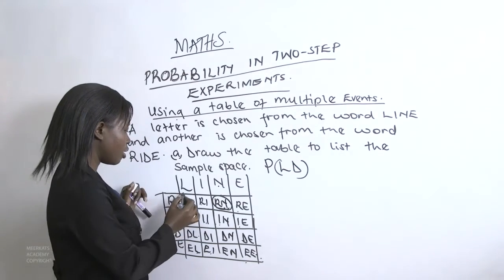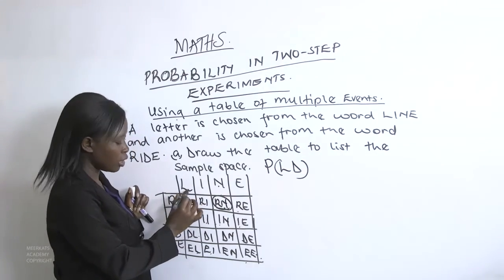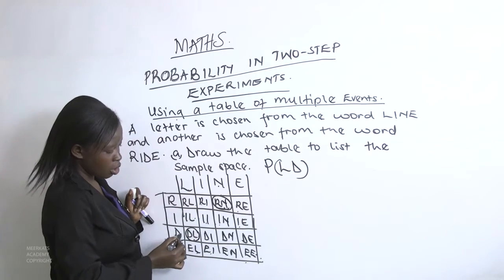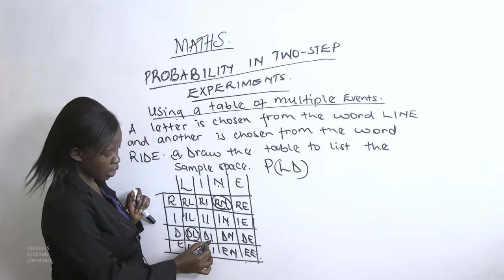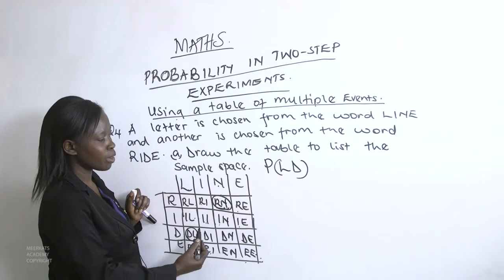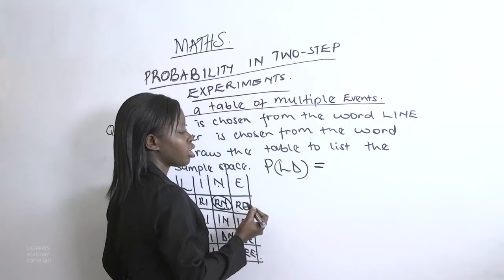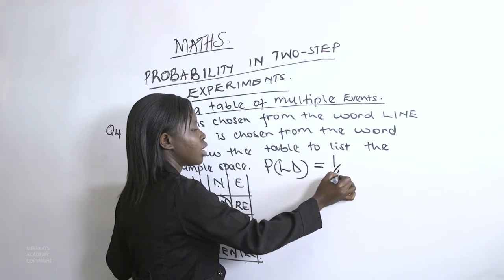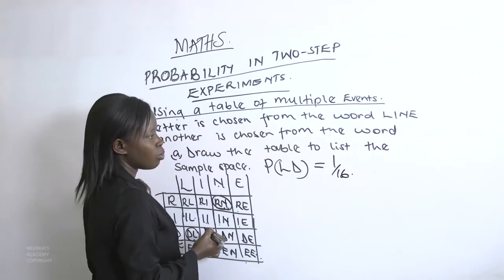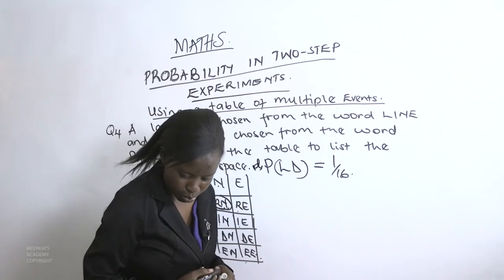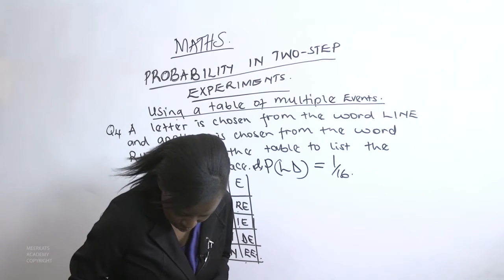In this case, we only have one outcome out of the 16. So the probability of us choosing LD will be 1 over 16.